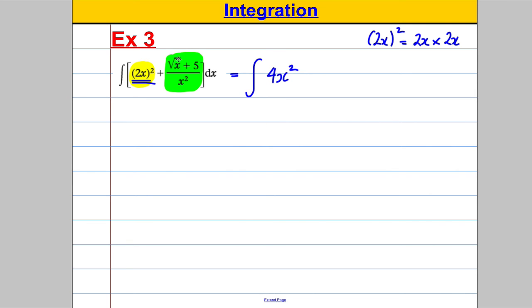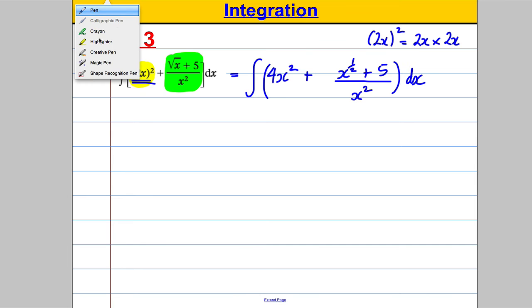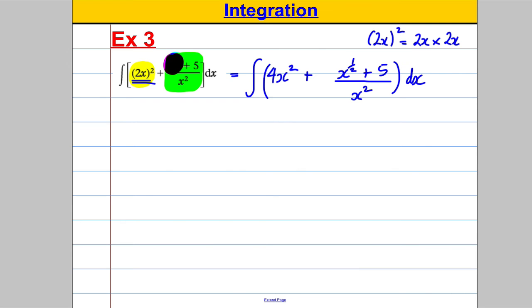I'm just going to write that as x to the half, if you don't mind. So that's going to be x to the half plus 5 divided by x squared, brackets with respect to x. Now all I did here, if you look, I just wrote this thing here, root x, as x to the power of a half.